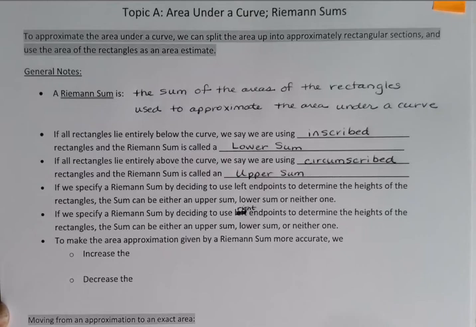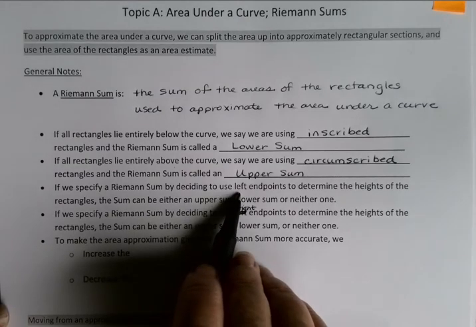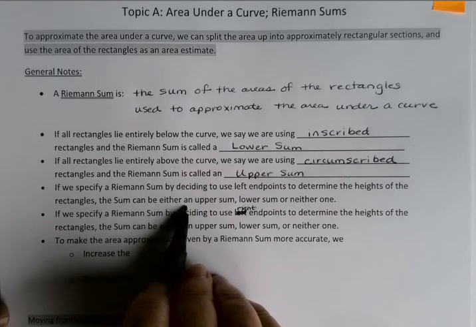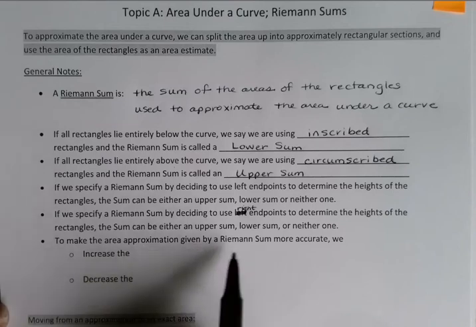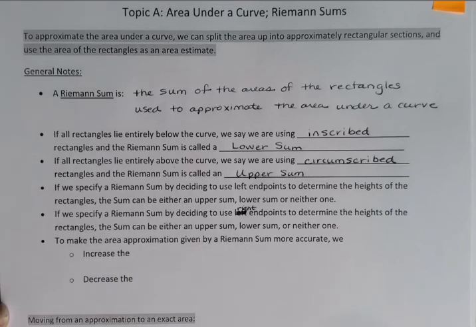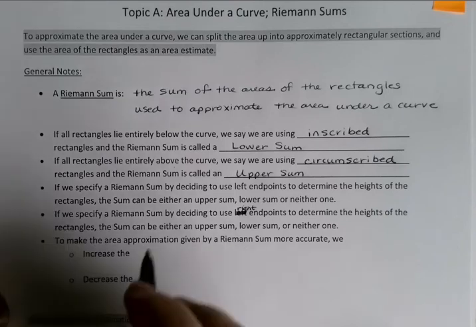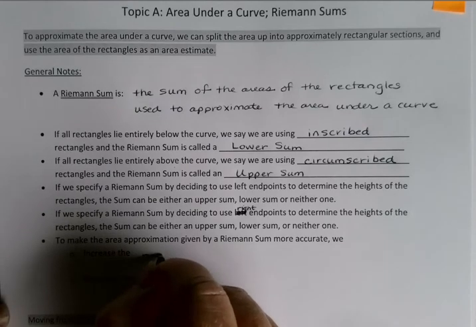Sometimes we specify our Riemann sum by saying always use the left endpoint to determine the height, in which case I can have either an upper, lower, or neither one of those. And the same thing can be done by specifying right endpoints. In order to make our approximation using the Riemann sum more accurate, we can increase the number of rectangles used.